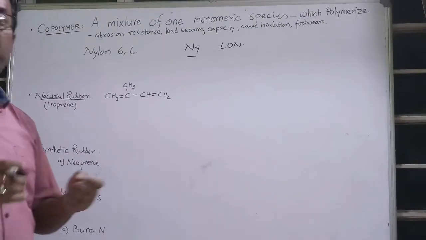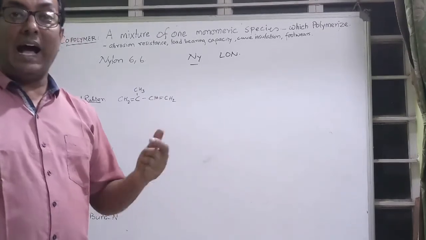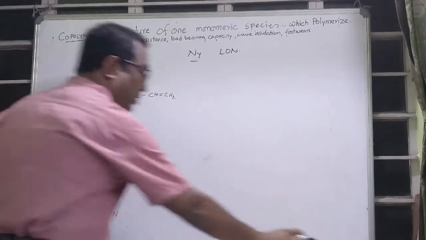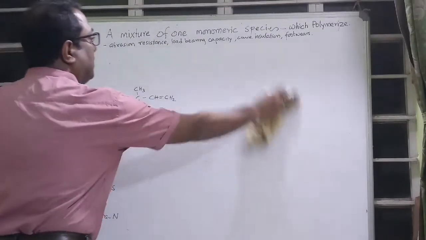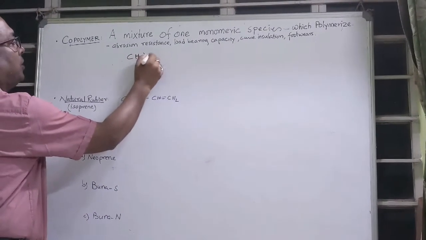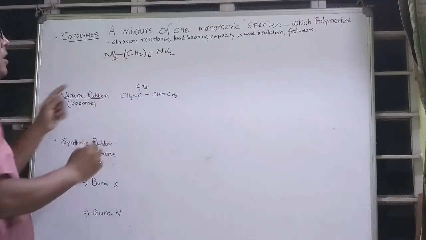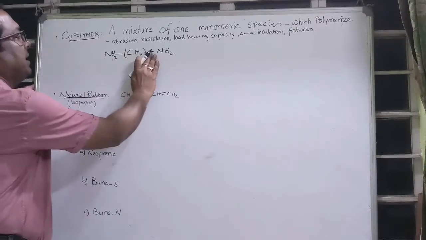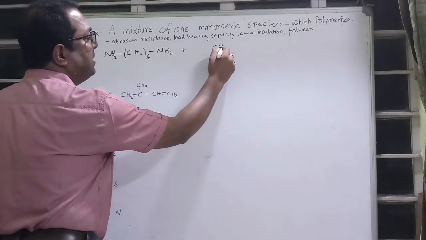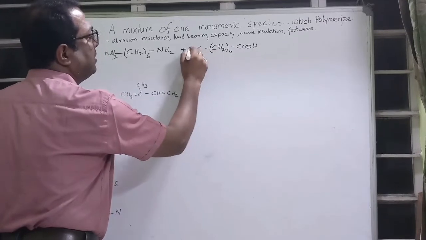Nylon 6,6, we have seen, was made by adipic acid and the compound we saw before, NH2 CH2 whole 4 NH2, called hexamethylene diamine, and adipic acid, HOOC CH2 whole 4 COOH.